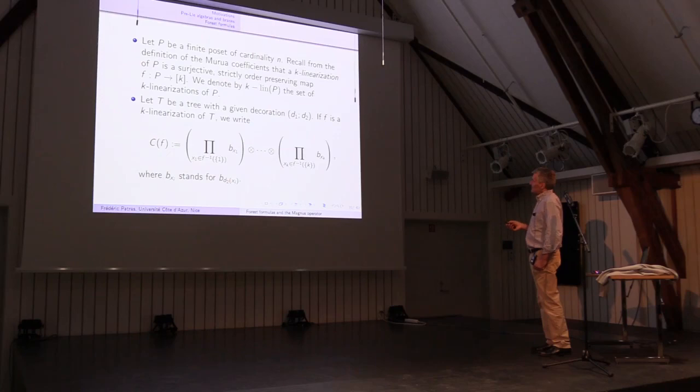So I have now this notion of linearization of a poset. This corresponds to surjective maps to the set of the first k integers, if I look at linearizations.